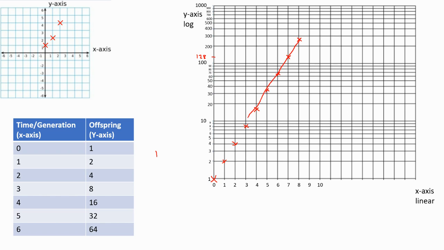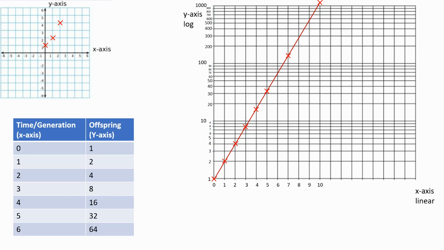Oops, sorry, I'll clean it up in just a second. So without doing the calculation, you can expand that straight line all the way to the top and say, well, at about generation 10, we should be at about 1,000 or so, right?